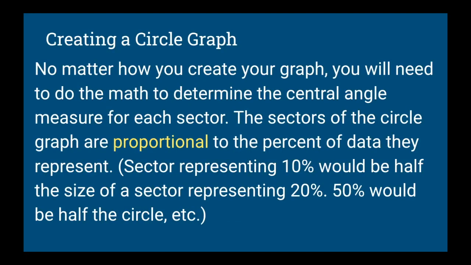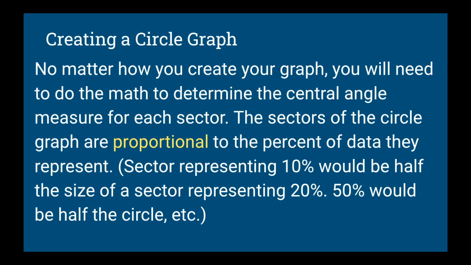Creating a circle graph, no matter how you create your circle graph, which we're going to talk about in a second, you'll need to do the math to determine the central angle measure for each sector. The sectors of the circle graph are proportional to the percent of data they represent. So for instance, a sector representing 10% of your data would be half the size of a sector representing 20% of your data. 50% of your data would be half the circle.